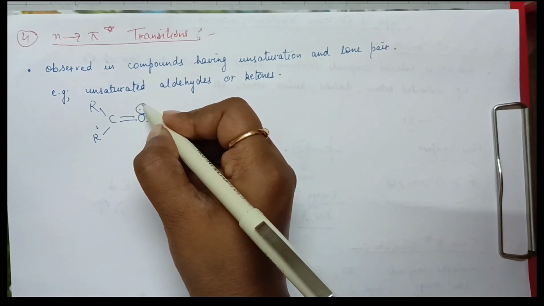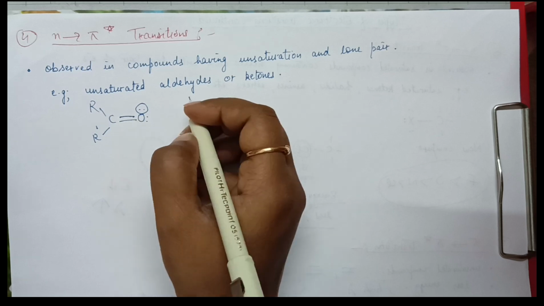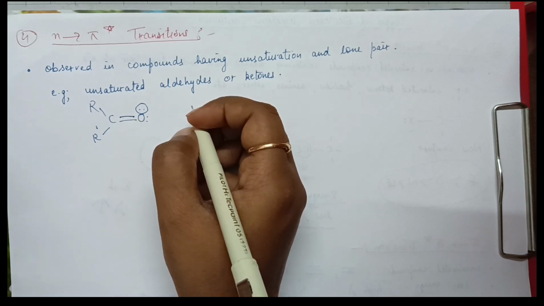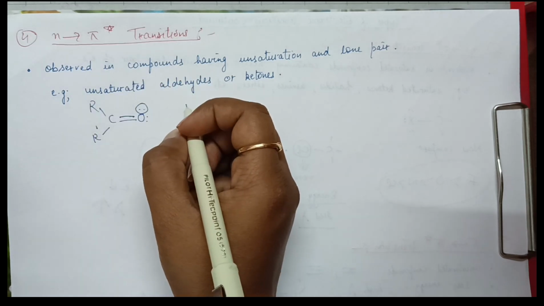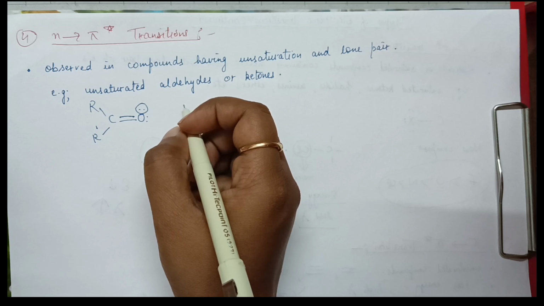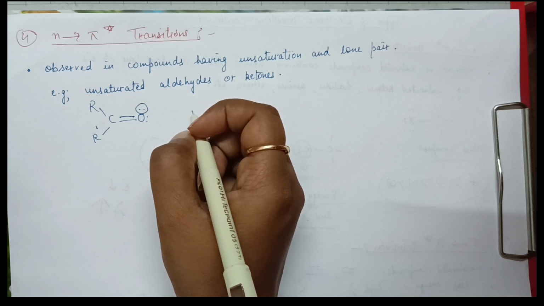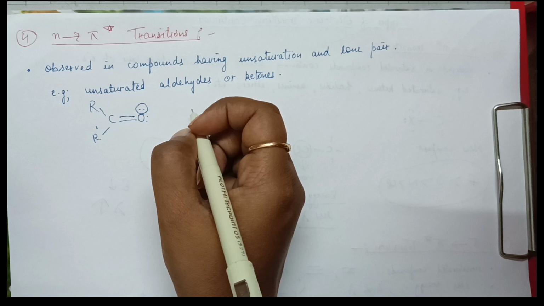So this is having lone pair and this is having the unsaturation as well. So they are going to show the n to pi star transitions. So they require very less amount of energy for their transition. We will see that in the energy profiling.